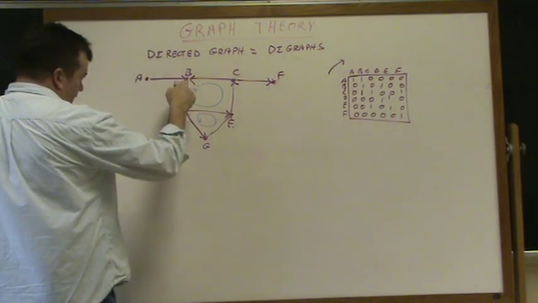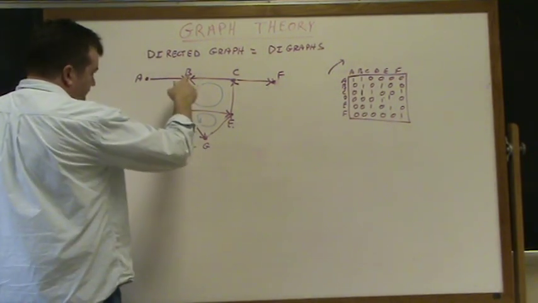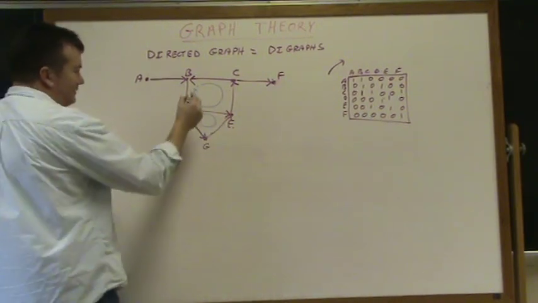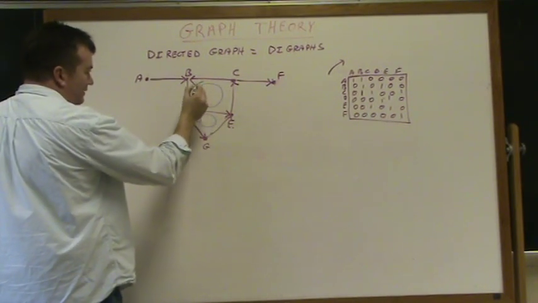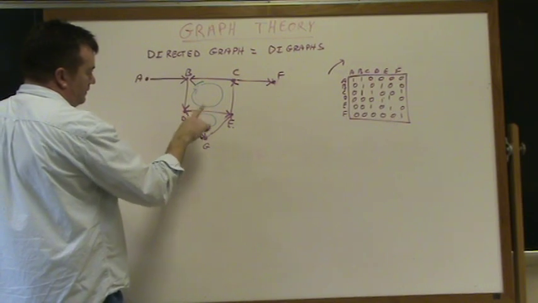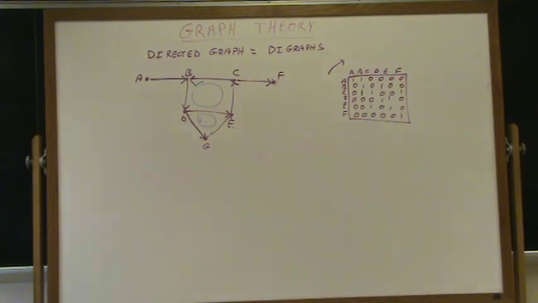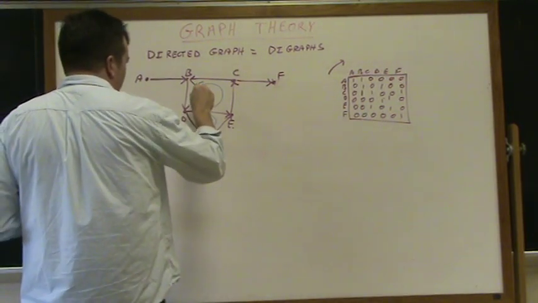It starts at B, goes to D, then to G, then to E, and to C. So there's another one that goes like this. Oh, that's actually anti-clockwise, so this one's wrong. This one goes this way.